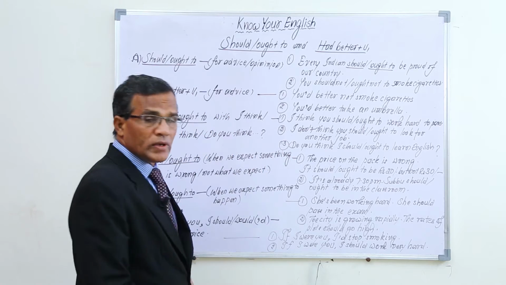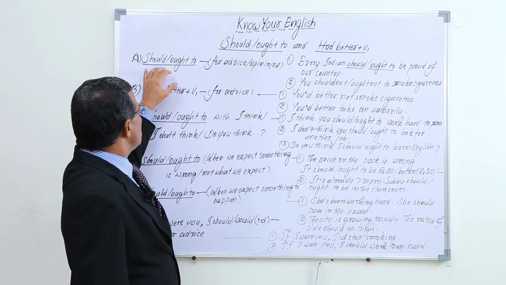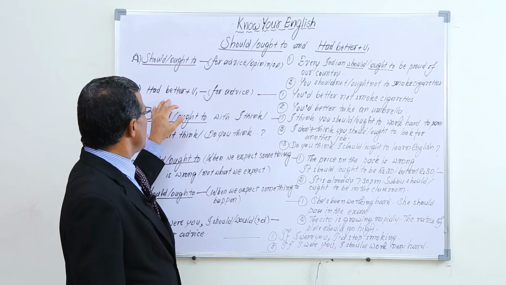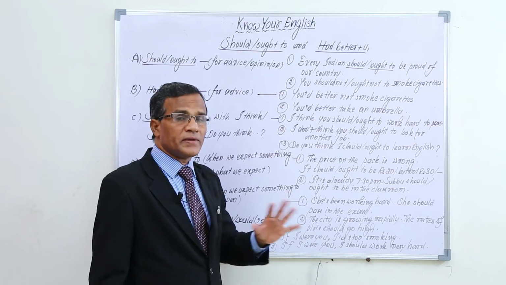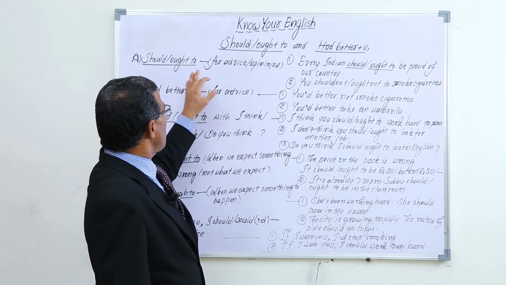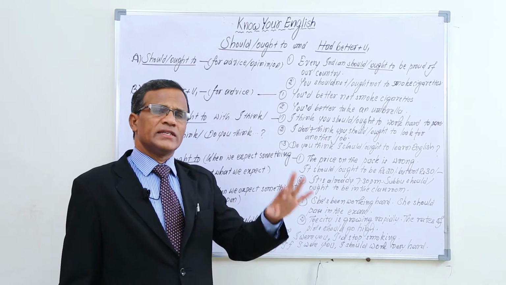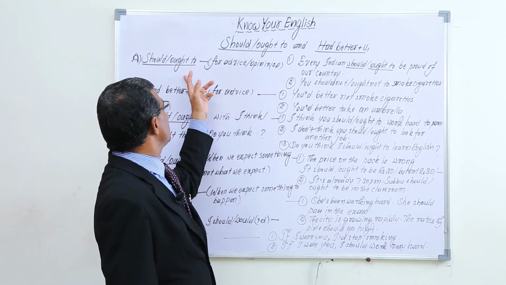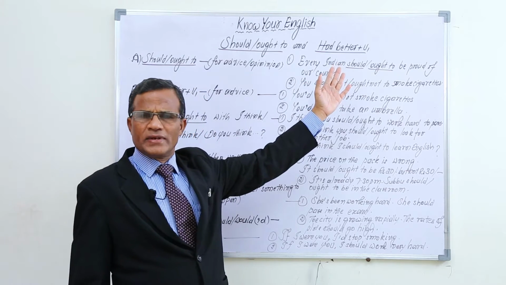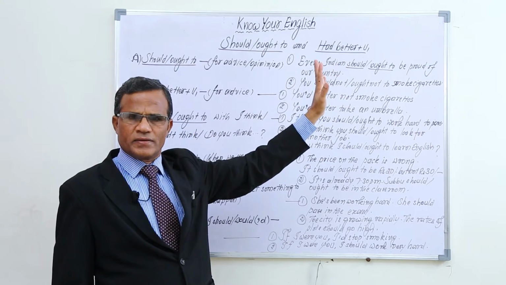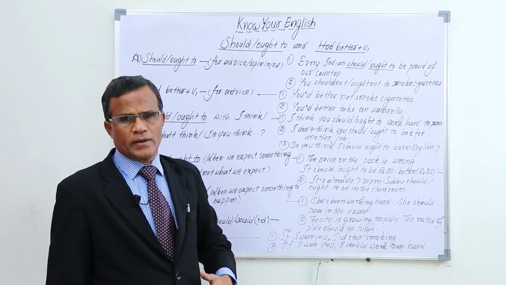But one thing we have to find here is the difference between should or ought to and had better. What is the difference? Especially, should or ought to, in particular situations and in general situations also, we can use. Every Indian, we are talking about every Indian, this is a general situation. For a general situation, we can use should or ought to.